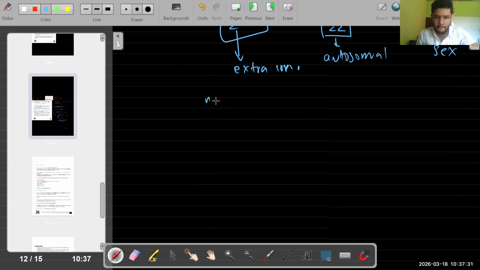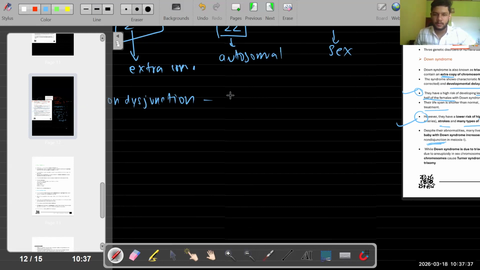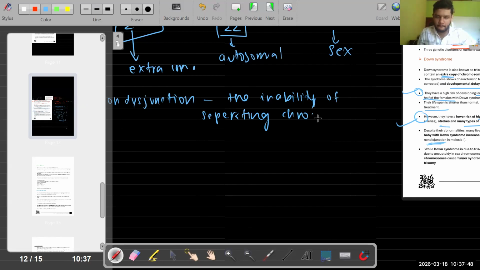Non-disjunction means the inability of separating chromosomes during meiosis, right?